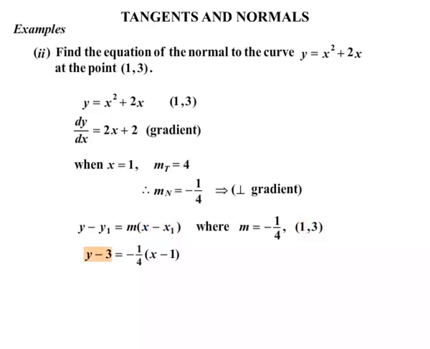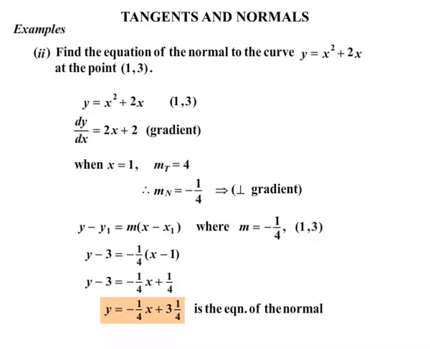So we have y minus 3 equals minus 1/4 multiplying by that whole bracket. And we'll have the y by itself. We've got minus 1/4 x there, and that minus 3 will go over, become plus 3. So we'll have 3 plus 1/4, which is plus 3 1/4. And that is the equation of the normal.